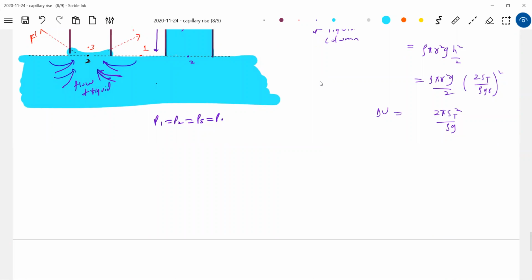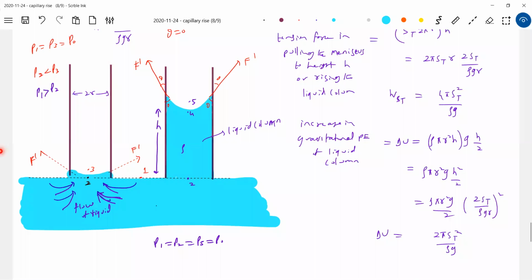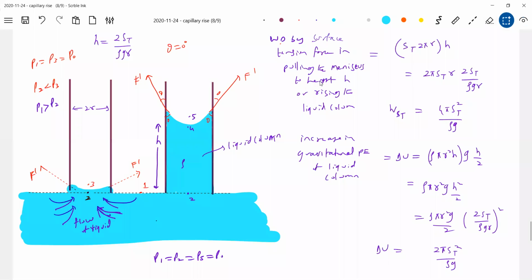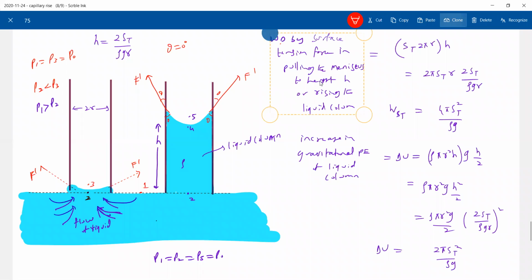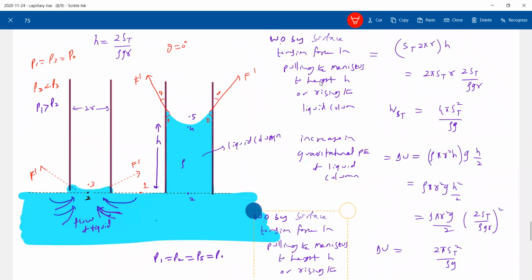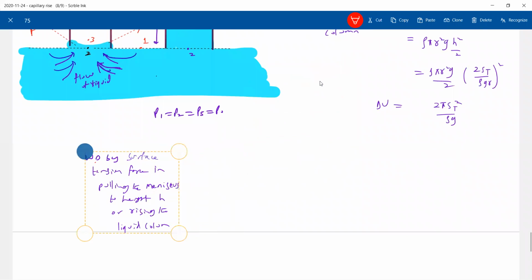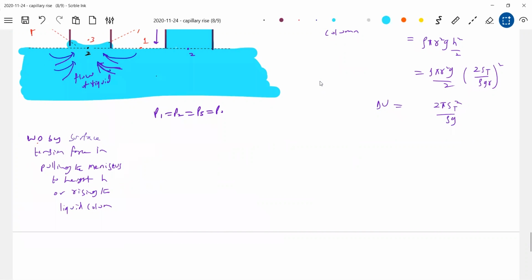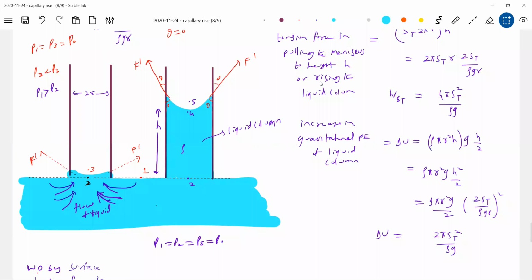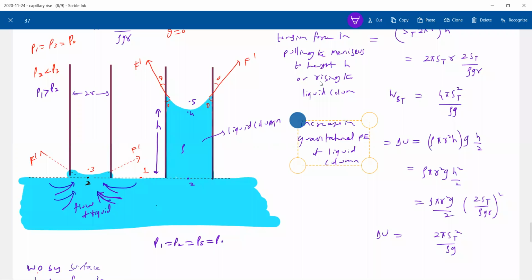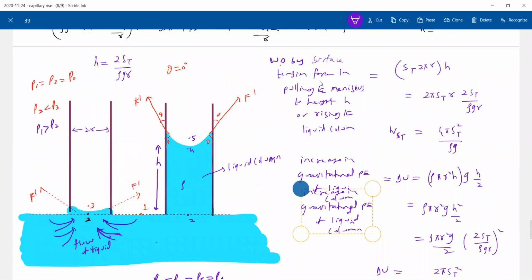So what shall we write here? This is a very important theoretical idea. It's not a numerical. Please don't take it like a numerical. This is the basic idea of the capillary.